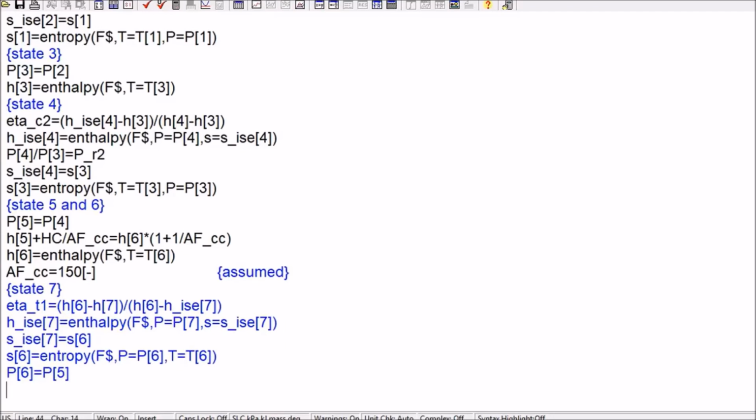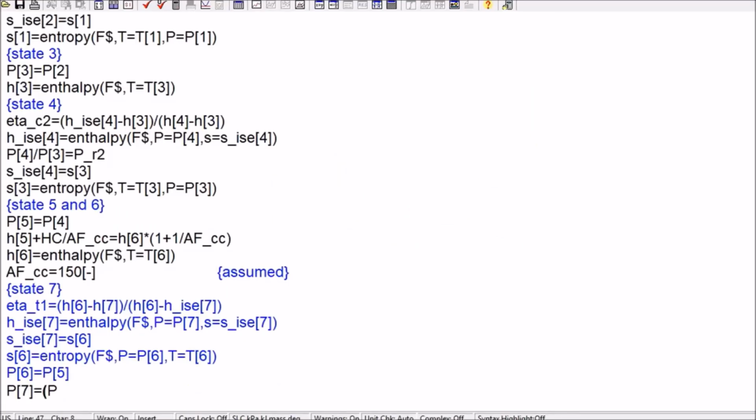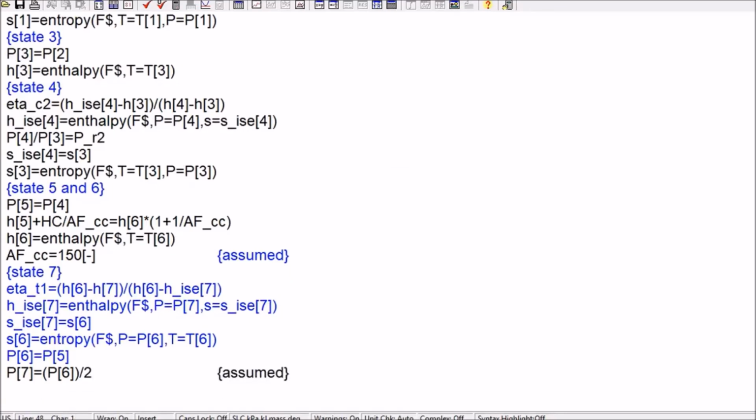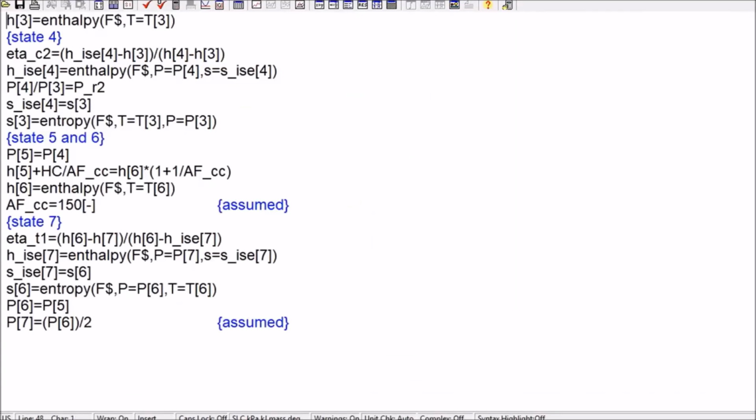Now we have another unknown here, which is P7. This one is unknown, so we can assume it again. P7 we can assume as P6 by 2. At the end, this will be corrected again. If you press it, yes, we have the values for state 7.